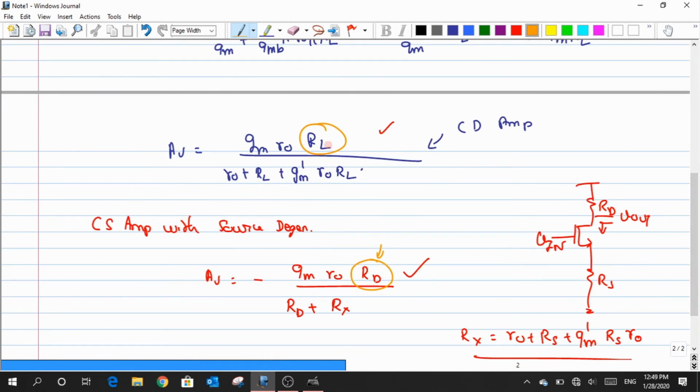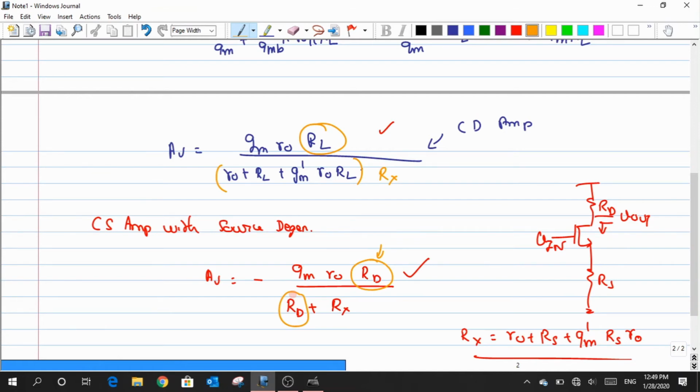Clear? And what is this expression basically? It is just the Rx value, right? So what I have is basically just Rx, whereas in the common source with source degeneration, what I have extra is this RD term. That's the only difference I could make out between these two formulas. Otherwise the formulas are almost identical. If you can remember one of the formulas, you can derive the other.